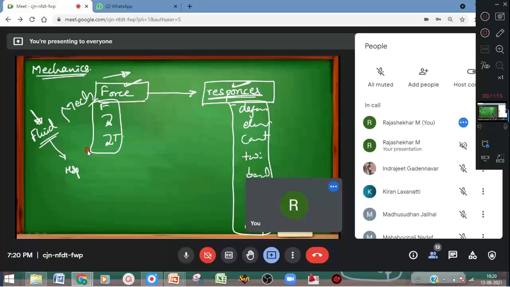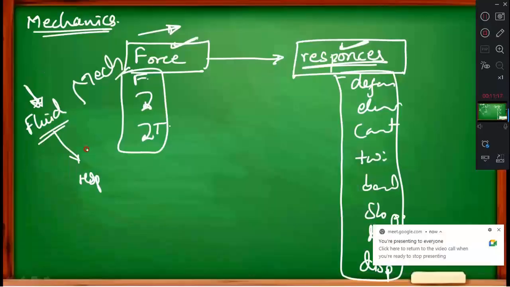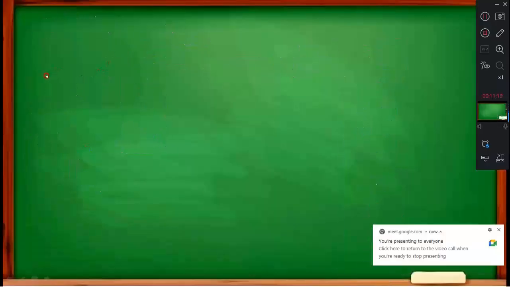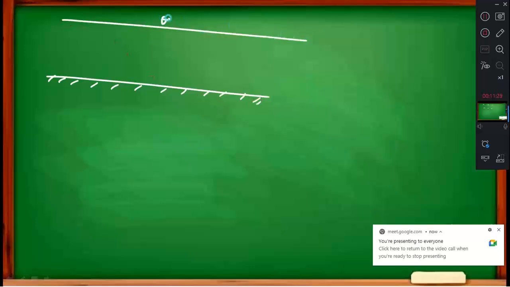For study purposes, when this fluid is flowing, I told you it will always be flowing. If I consider this one surface and this a water surface, and the fluid is moving, it might be air or liquid, then we assume it moves layer by layer.